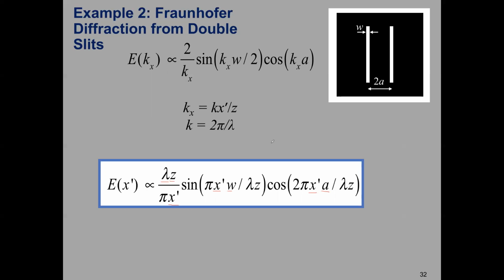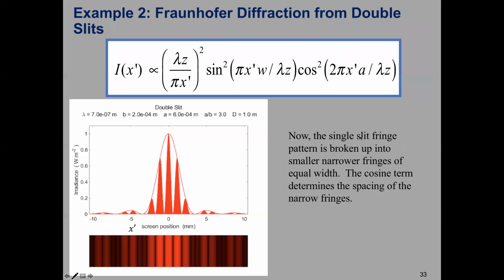So let's plot this function, and I'll show you the effect that this new cosine term, due to there being two slits spaced this distance a apart, has. What you'll see when you plot this function is the square of all of that to get the intensity.